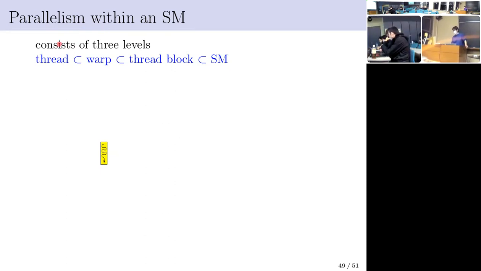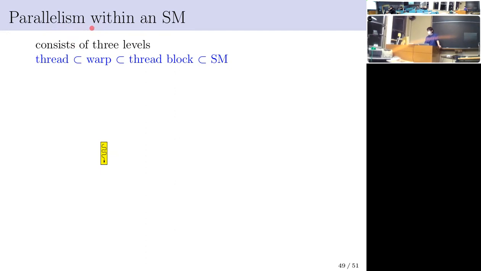Its parallelism actually consists of 3 or 4 levels, depending on how you count. At the bottom level, you have a CUDA thread. A single CUDA thread basically does not have any parallelism. It sequentially executes one instruction at a time, right?